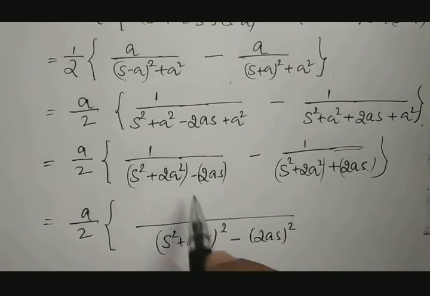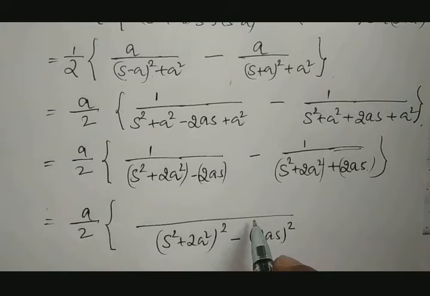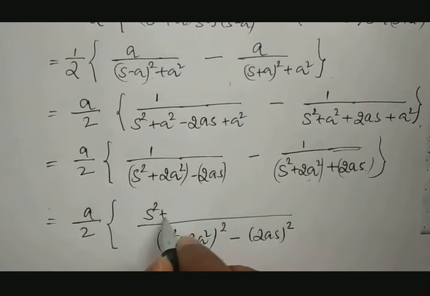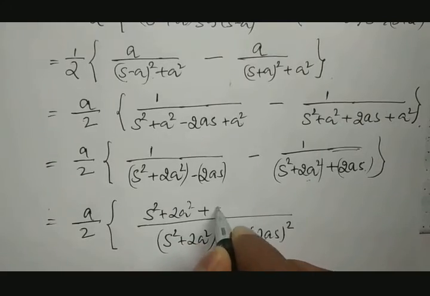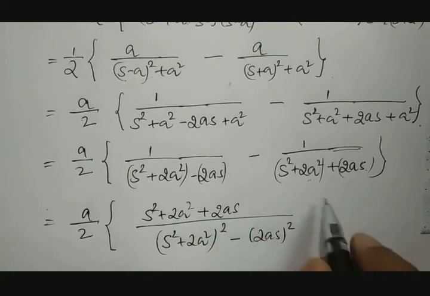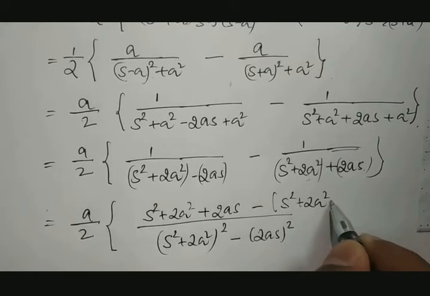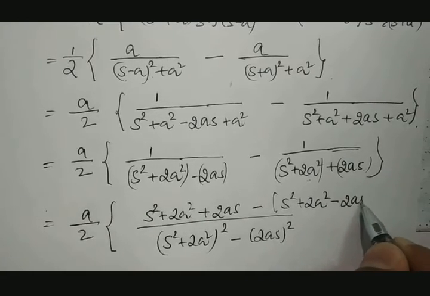Then in the numerator it will be s square plus 2a square plus 2as minus s square plus 2a square minus 2as.